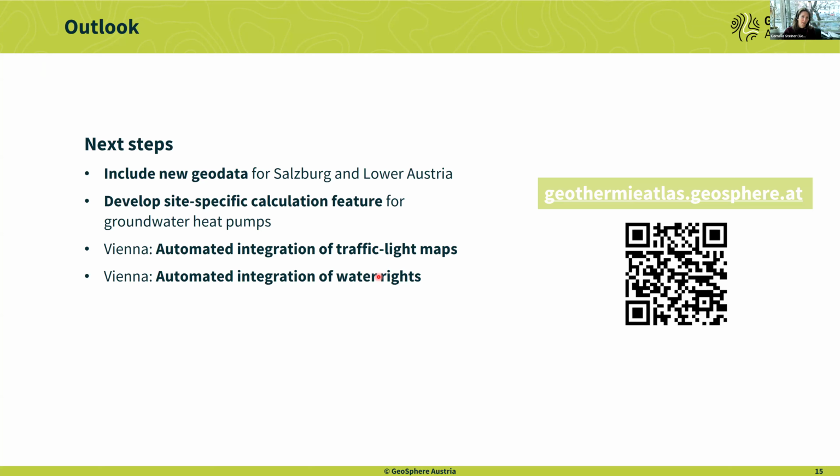So it would be important that we can include them automatically. Whenever this data set is updated, for example, the traffic light map is updated as well. That's what we want to implement here, to offer really as much information as you need for planning of shallow geothermal energy systems.